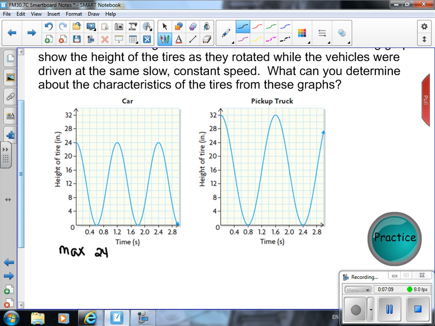That tells us that the diameter equals 24 inches. And for the truck, the max is 32, so the diameter of that tire would be 32 inches.